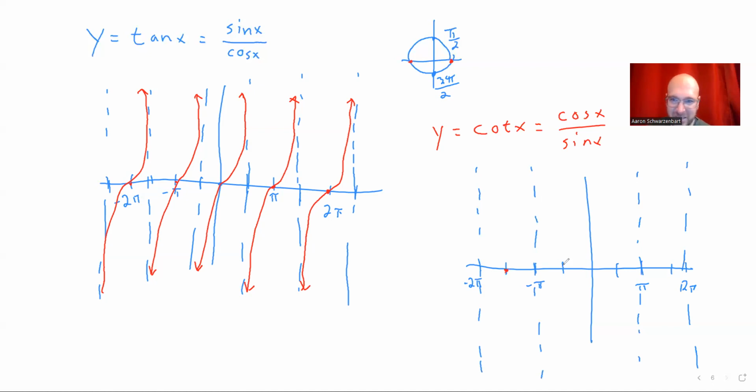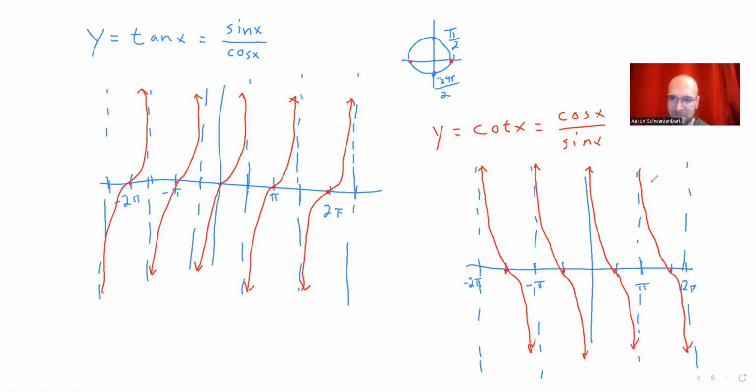The other thing about cotangent that's different from tangent is it's the same basic shape, but it's backwards, which shouldn't be super surprising. So that's tangent and cotangent.